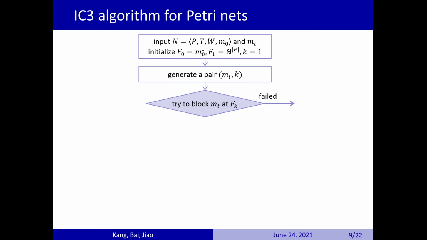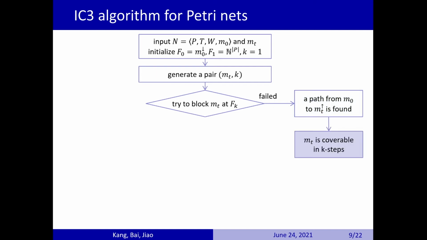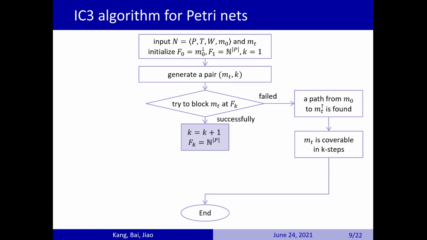If it fails to block MT at Fk, then a path from M0 to MT-up is found, and we can see MT is coverable in k steps. Then IC3 ends. Otherwise, if IC3 blocks MT successfully, then it extends the sequence and adds a new frame.